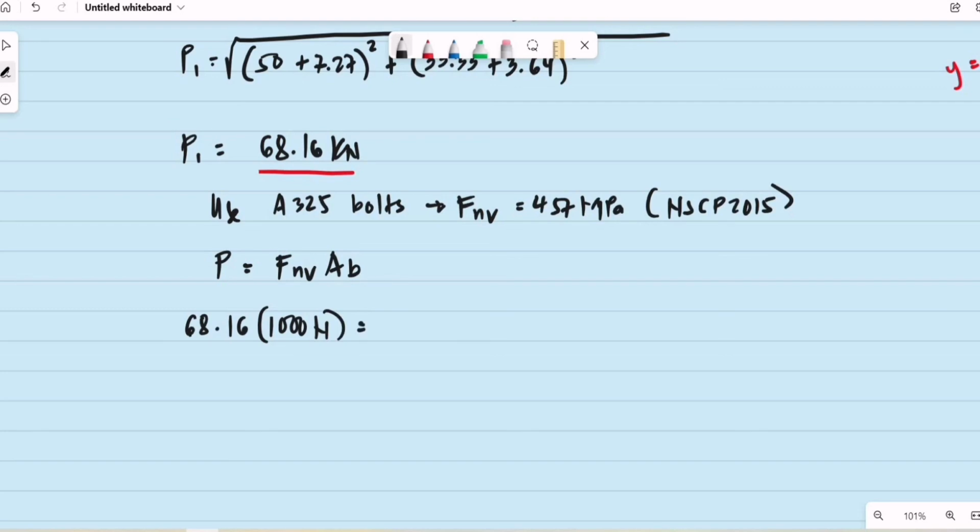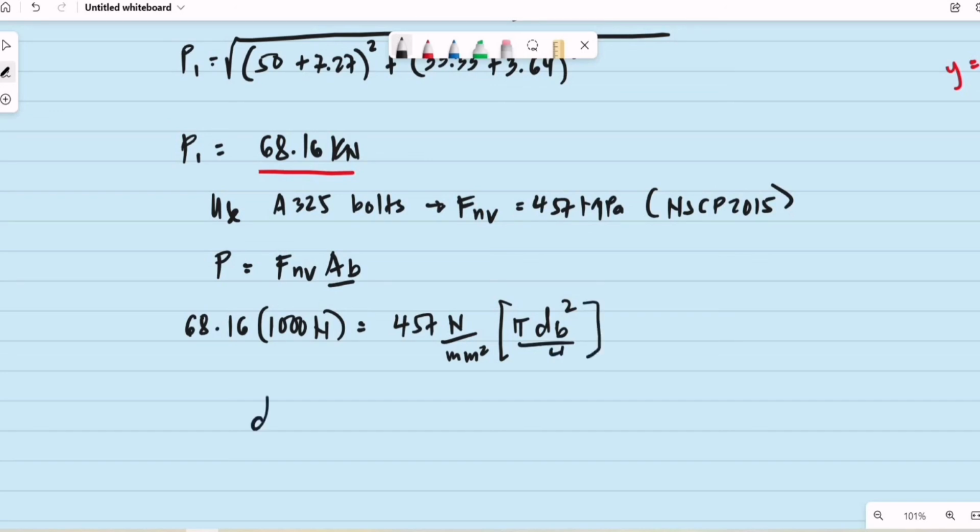The shear capacity for A325 bolts is 457 megapascals, or 457 newtons per square mm. And the area of 1 bolt is pi times the diameter squared divided by 4.